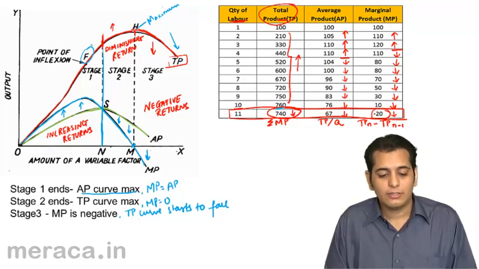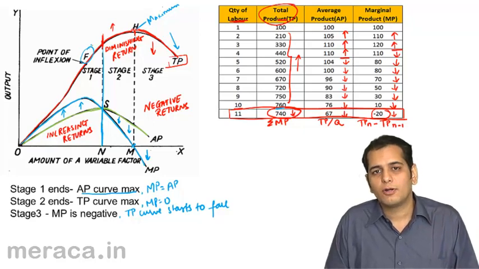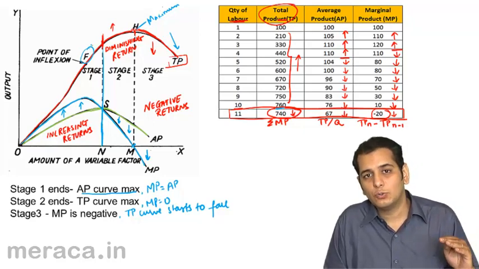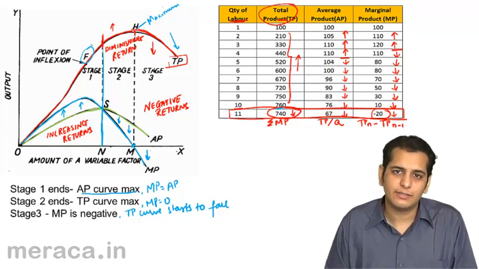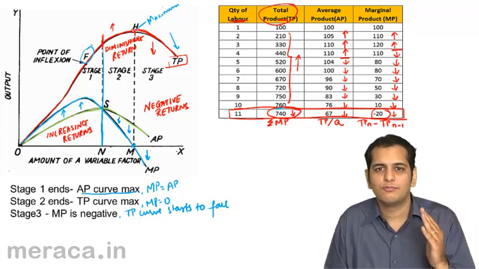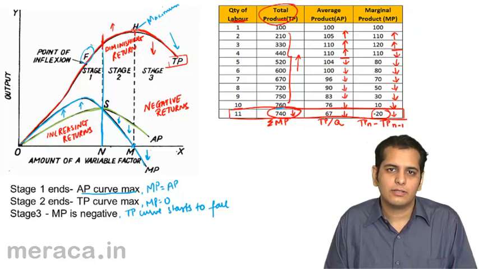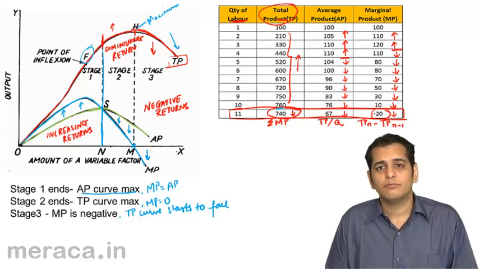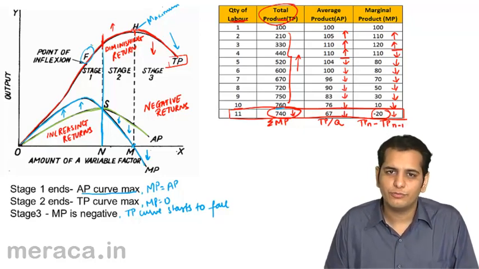At this point, the total product curve starts to increase at an increasing rate. So this leads to a bend or flex. And when this happens, we call this point a point of inflection.